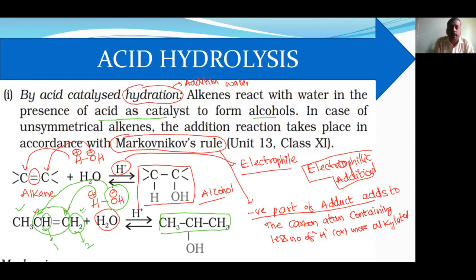That's why it is called an unsymmetrical alkene. So whenever an unsymmetrical alkene is hydrated, OH will attach on the carbon atom with less number of hydrogens. Okay. This is about the acid hydrolysis, the very first naming reaction. Now let's go on to the next topic.